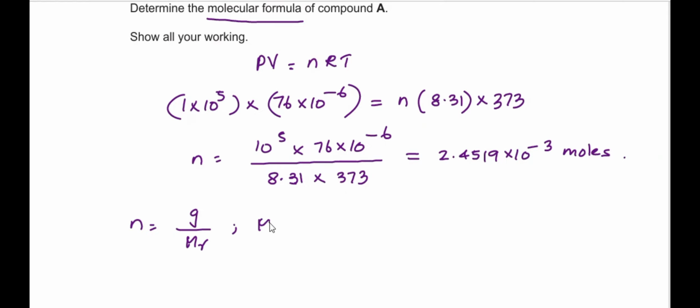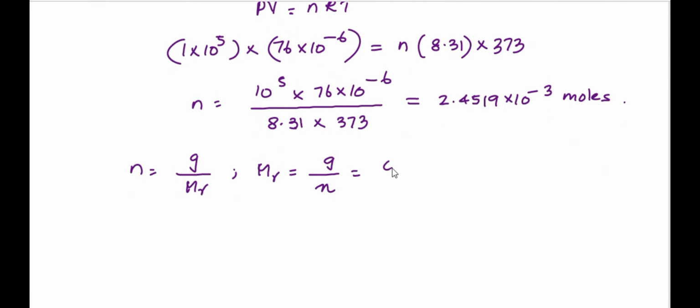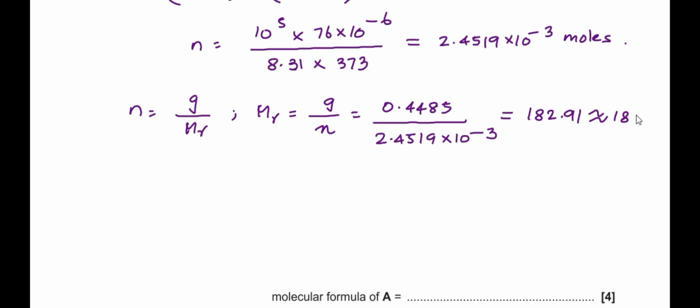Therefore, Mr should be equal to grams divided by n, and the grams is here 0.4485 divided by the number of moles we just calculated, 2.4519 times 10 to the power of minus 3, and that gives us 182.91, approximates to 183.